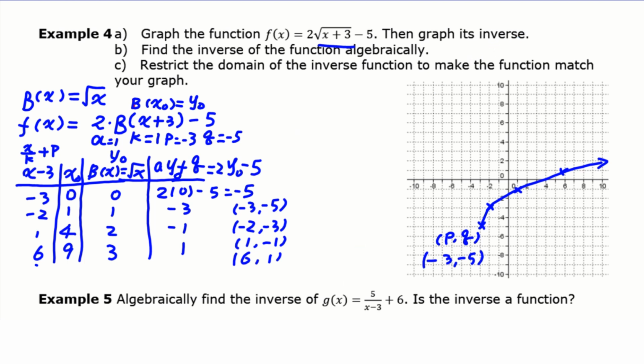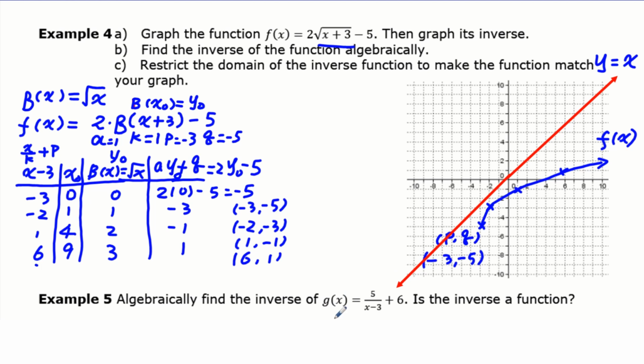So we are going to graph the straight line y equals x. Then we draw the symmetric point for f(x), and that will be the inverse of f(x).